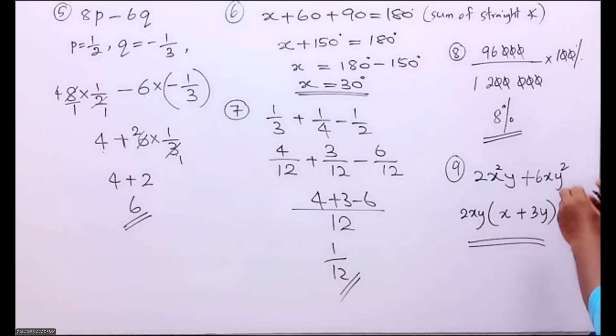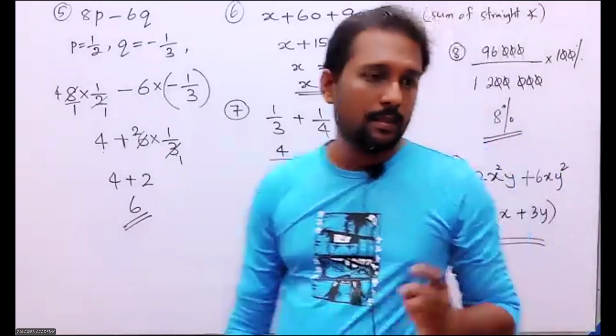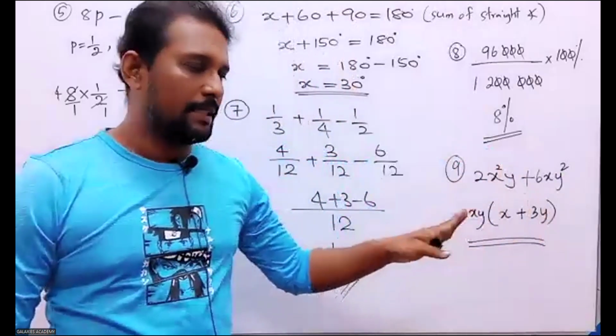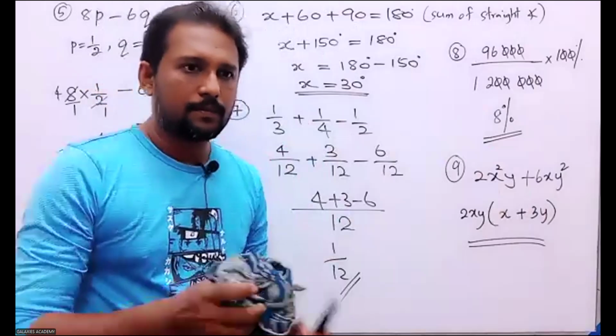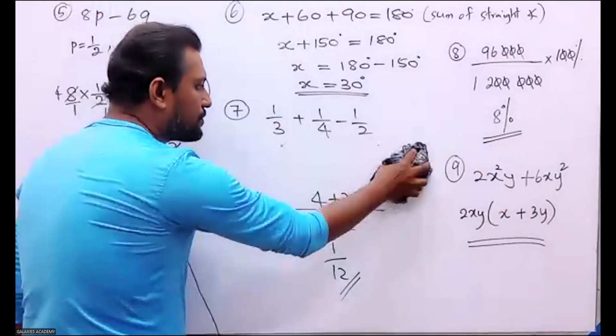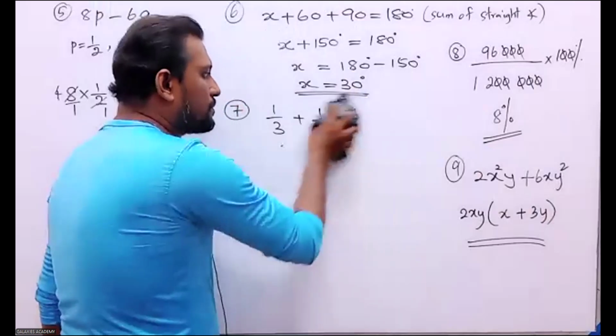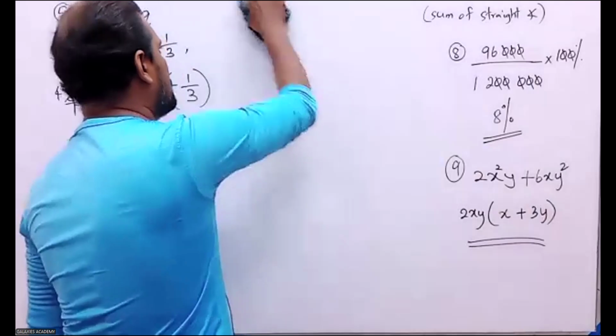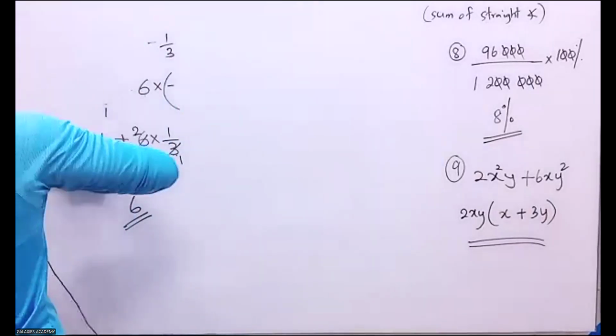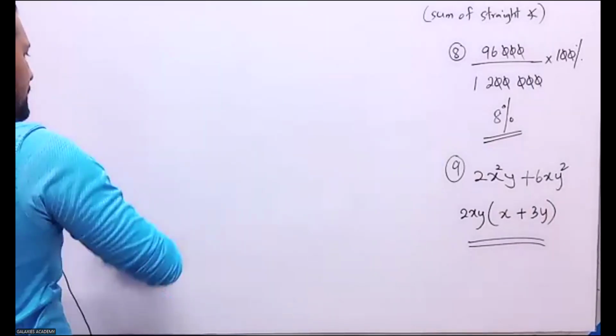So what is the answer? 2xy bracket x plus 3y. It is number 9.